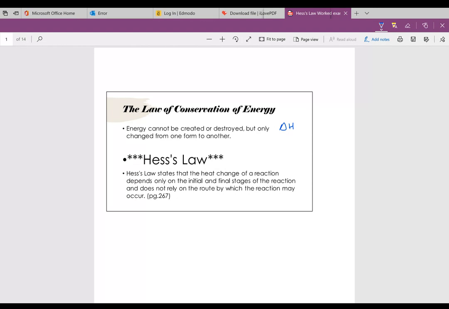of combustion reactions. Okay, Hess's law states that the heat change of a reaction depends only on the initial and the final stage of the reaction, and it does not rely on the route in which the reaction may occur.